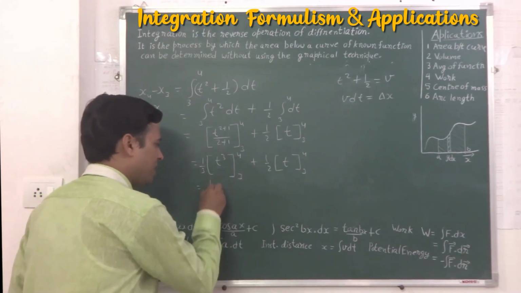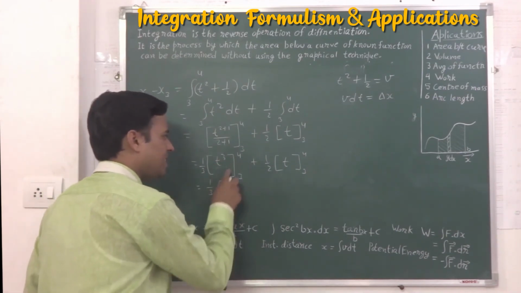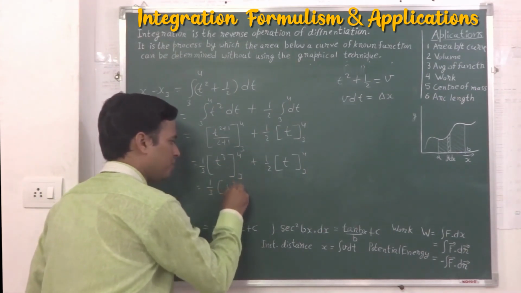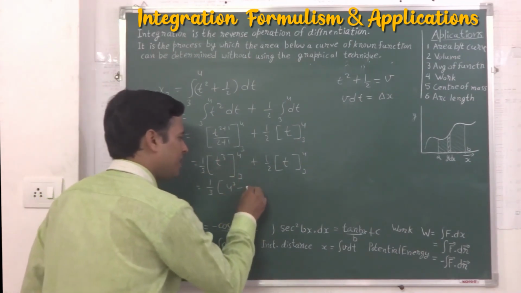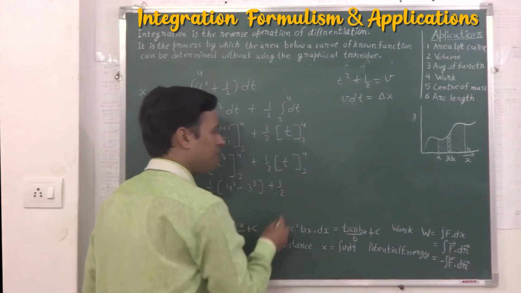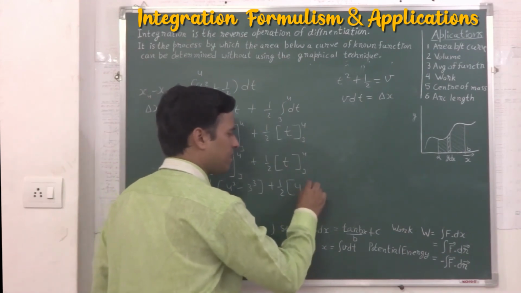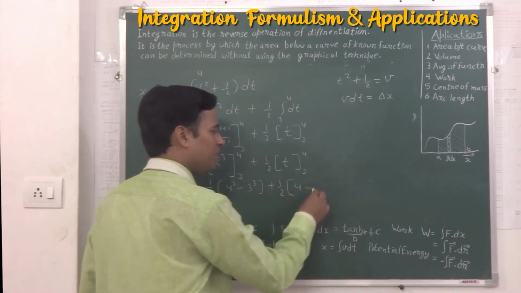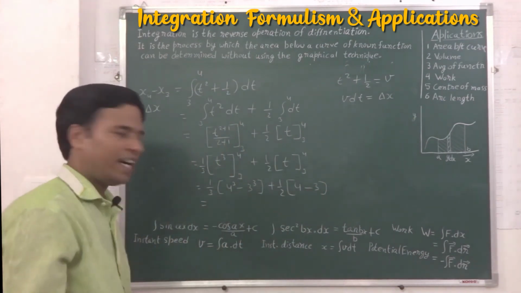Now replace the upper limit first, that is 4 cube, then subtract, replace the lower limit 3 cube, plus half, replace the upper limit that is 4, subtract, replace the lower limit that is 3, and you will get your final answer.